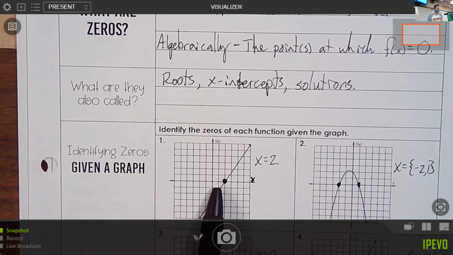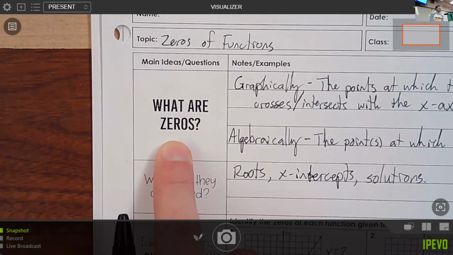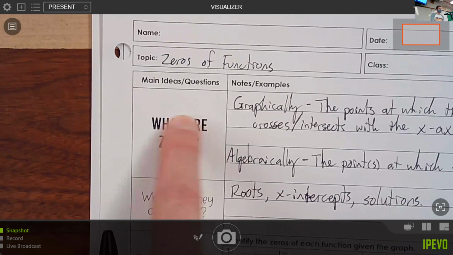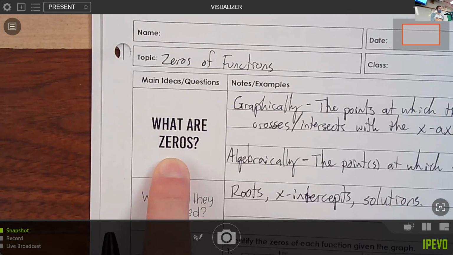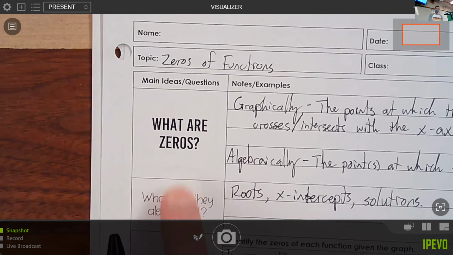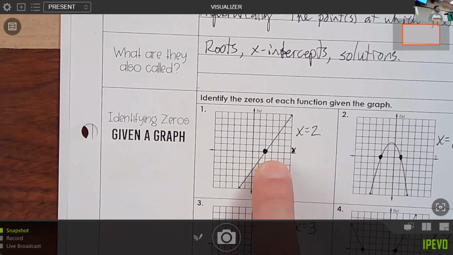We went to the right too, but how far up or down are we going on this one? Are we going up or down on this one? No. What are we actually finding? What's it called? These are called what? Zeros, right? There's a reason why we call these zeros. What is the y coordinate for this point?